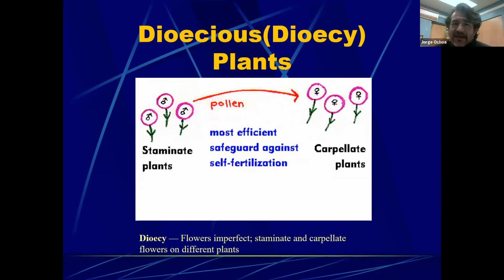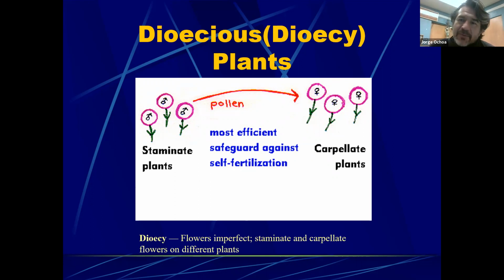And then we have the extreme where plants ensure that there is no selfing by having either male or female plants. So this is the extreme where a plant is only going to be considered a male because it's only going to produce pollen, and the female plant will have only female flowers.